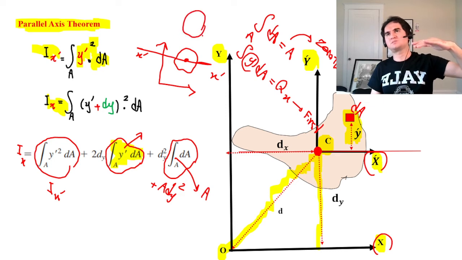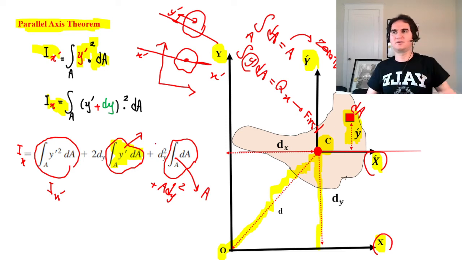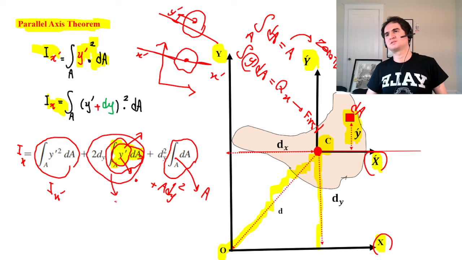So if this was my area, and this was the centroid, and this was my y, I can go by y prime. There is a distance, then I can make the first moment of an area. If there is no distance between the centroid and the axis, y prime goes zero, integration goes zero, this goes zero.